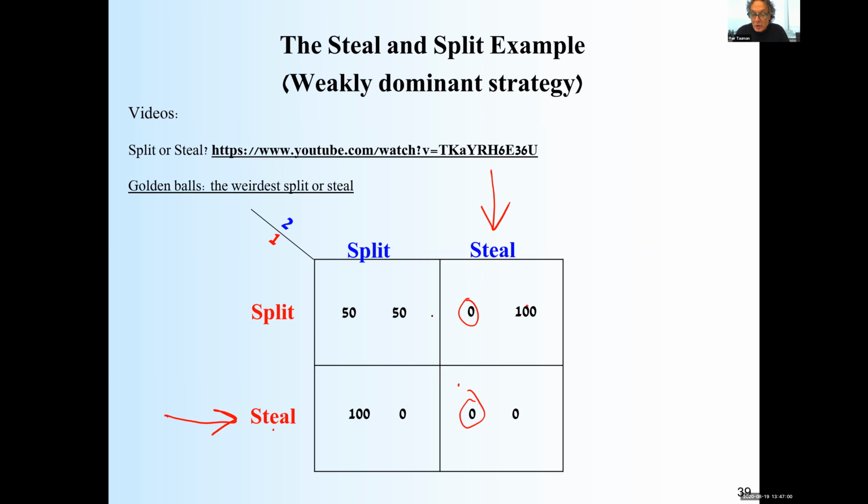So you cannot lose by choosing the weakly dominant strategy, and it's very possible that you make more.